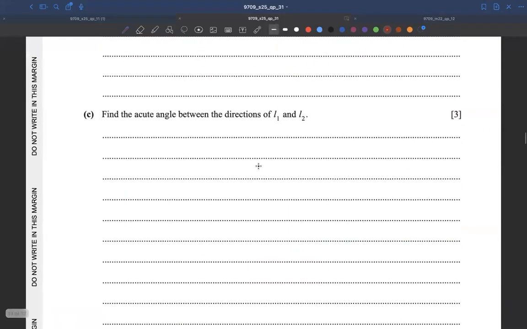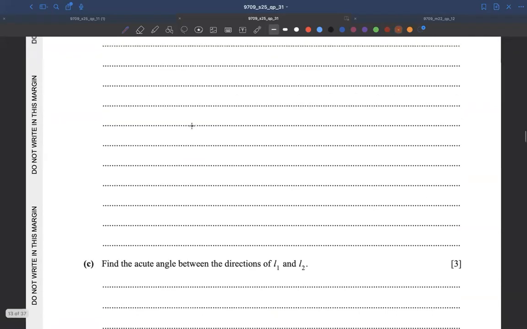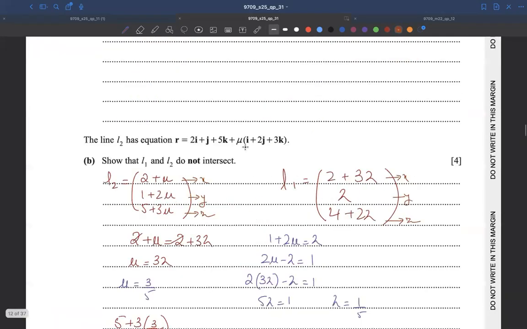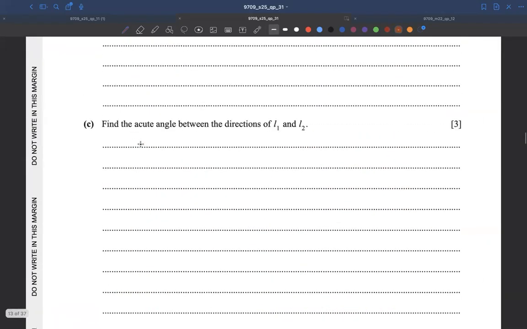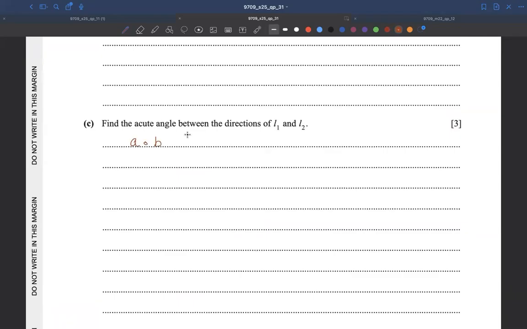In part B, we have to find the acute angle between the directions of the line L1 and L2. So we have the direction for L2 as 1, 2, and 3. And the formula to find the angle is A dot B equals to magnitude A into magnitude B cos of theta. So the direction for line L2 is 1, 2, and 3.